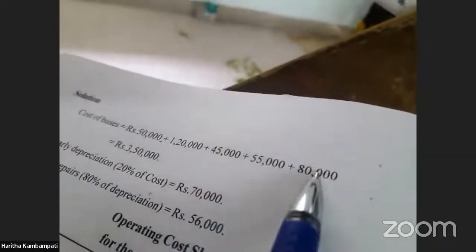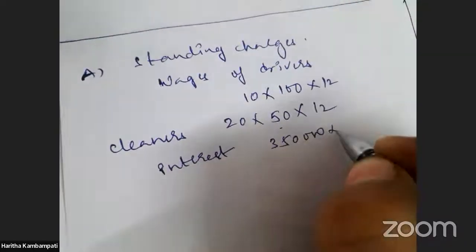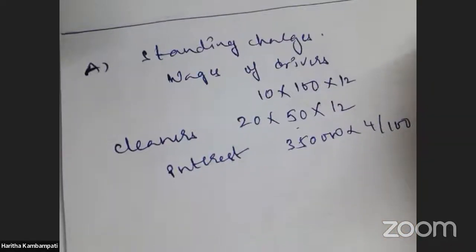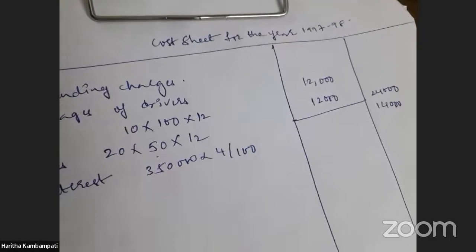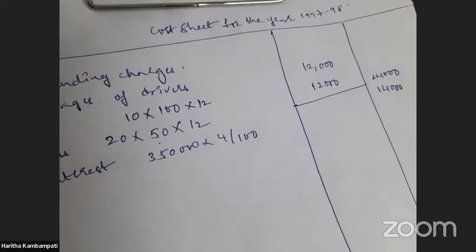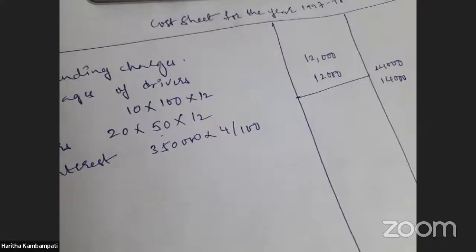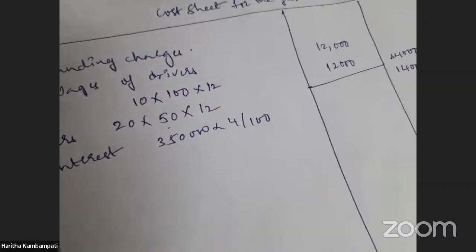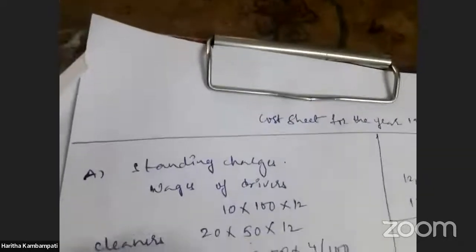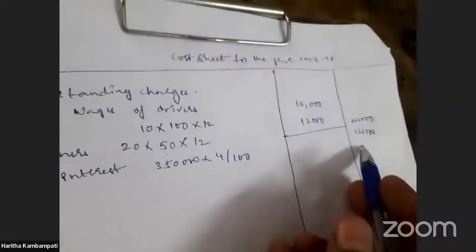So we should sum up all these amounts for each bus, then you will be getting 3,50,000. So 3,50,000 into 4%. That is 14,000.